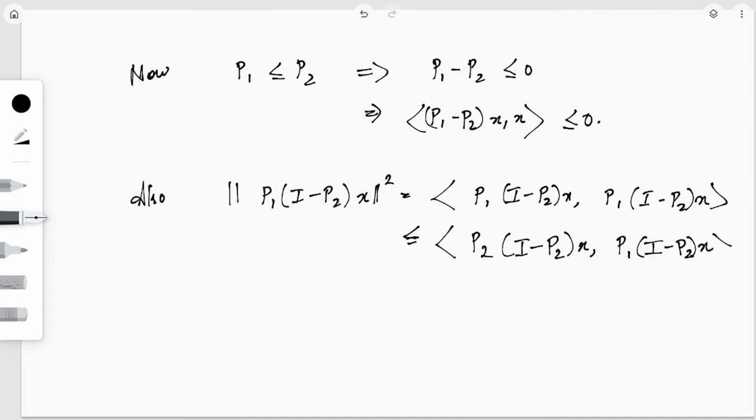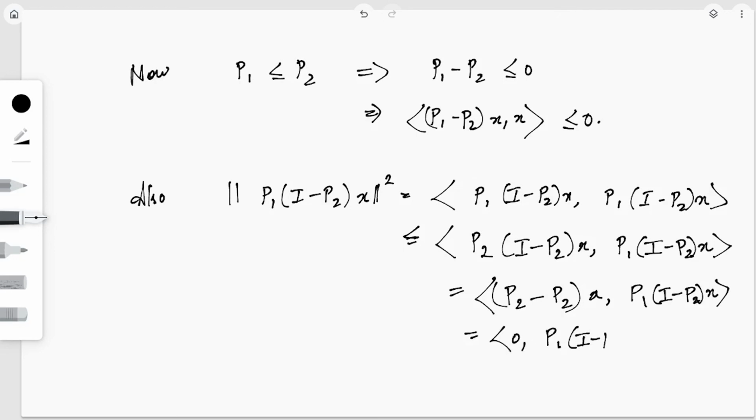Now what is this? This is nothing but P2 minus P2 square, which is again P2, acting on X comma P1 (I minus P2) of X. P2 minus P2 square is 0. So this is the inner product 0 comma P1 into (I minus P2) of X. So this is 0.